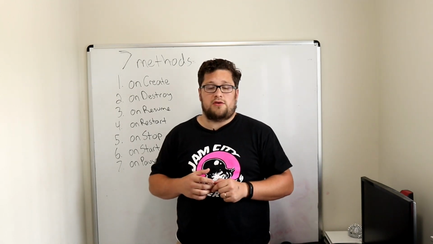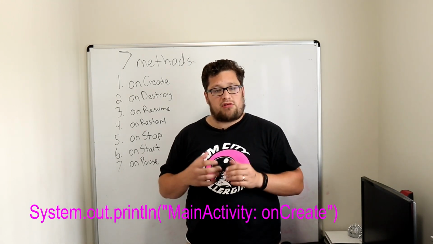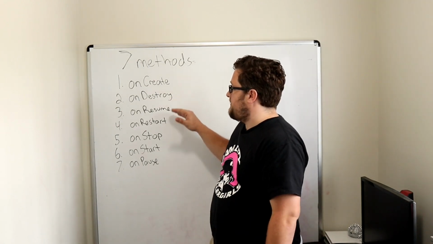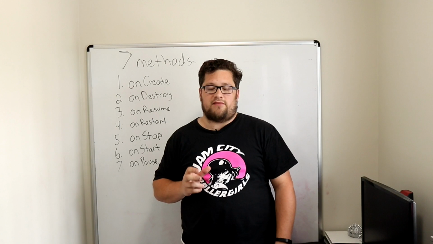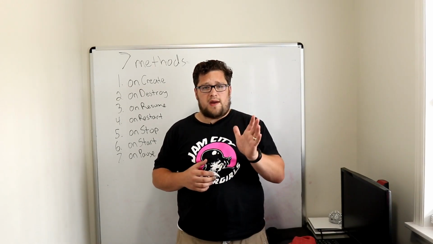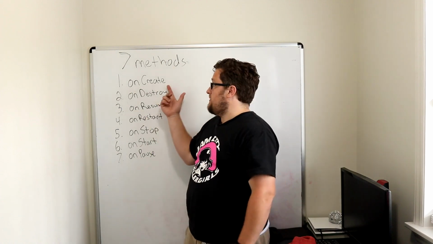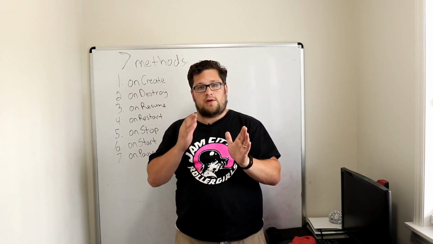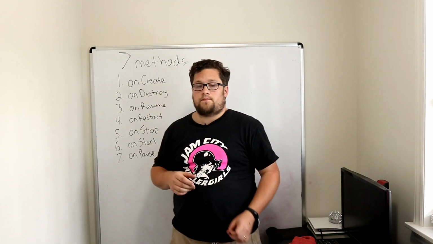Finally, what you will need to do is add a printout, a System.out.print line, to each one of these 7 lifecycle methods. These printouts should be the activity name, colon, and then the event. For example, if you're in main activity 3, it should be main activity 3, colon, onCreate.